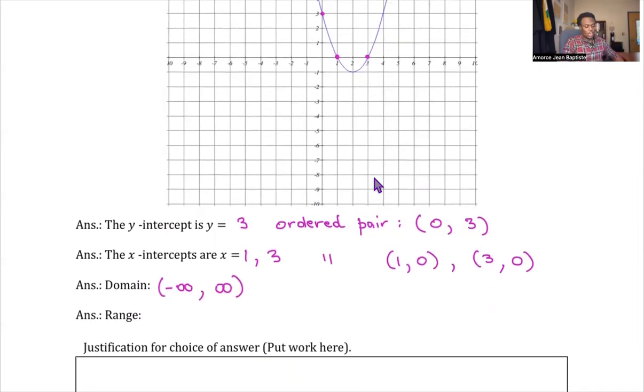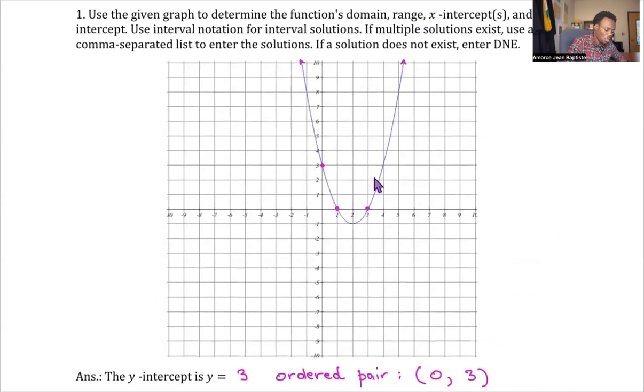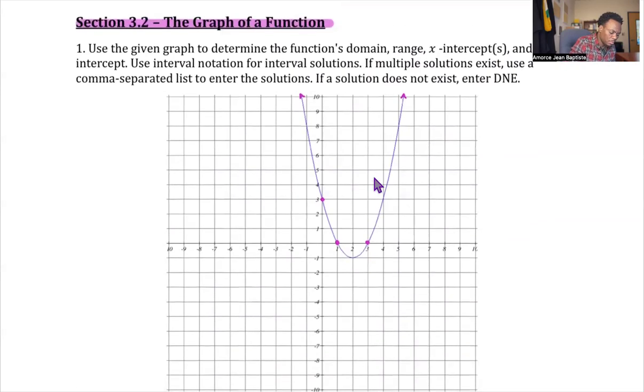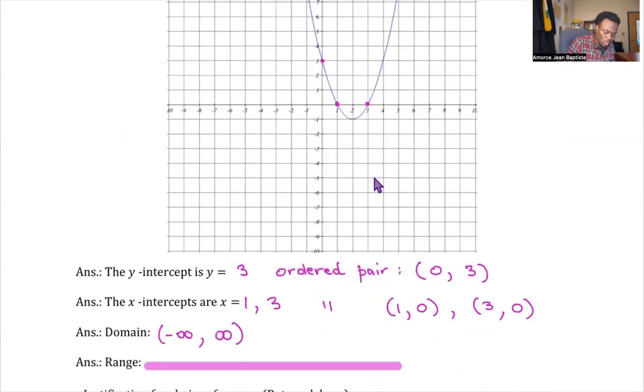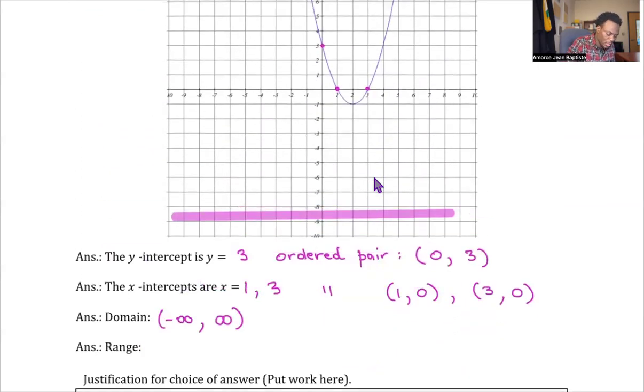The range, now we're looking at how it goes from the bottom up. Obviously, if we consider this from the bottom up, I'm going to use this to show you. So I'm going to try to go from the bottom up here.